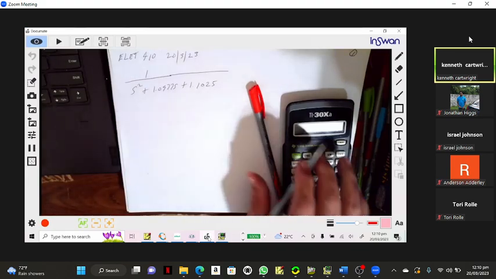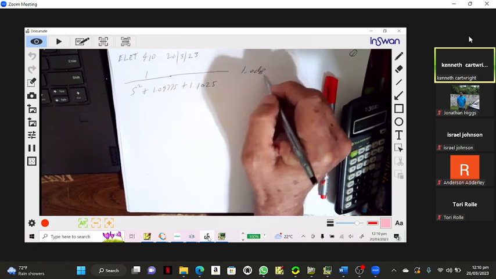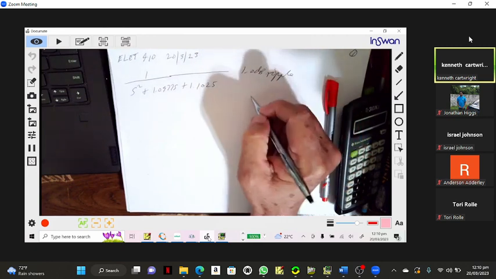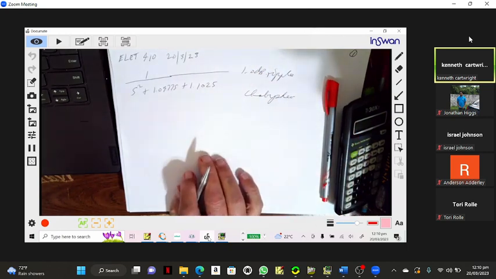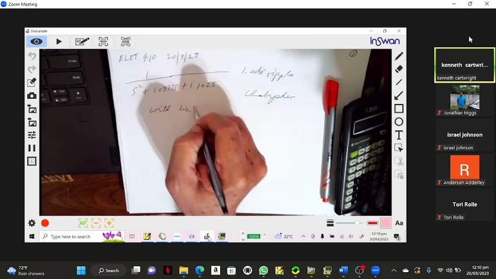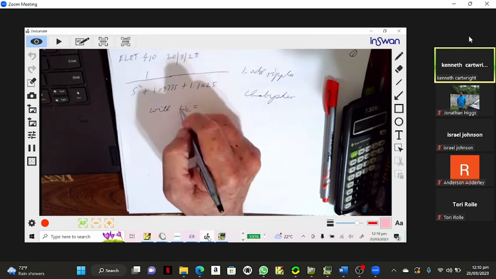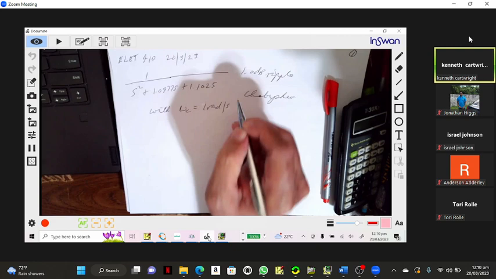Okay. So this is a 1 dB ripple Chebyshev with omega C equals 1 rad per second.